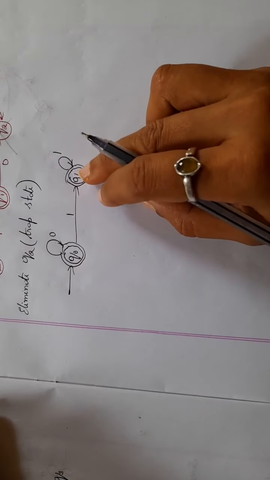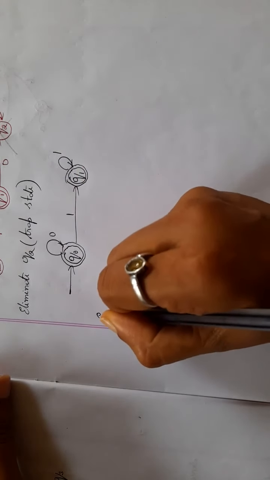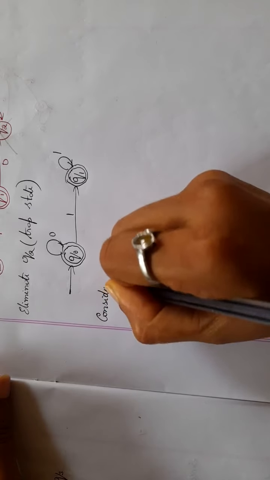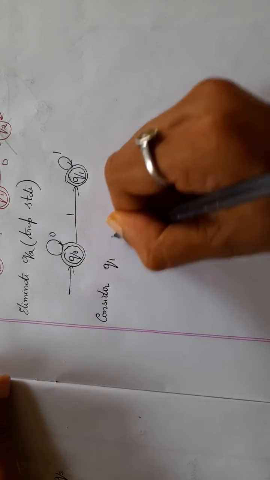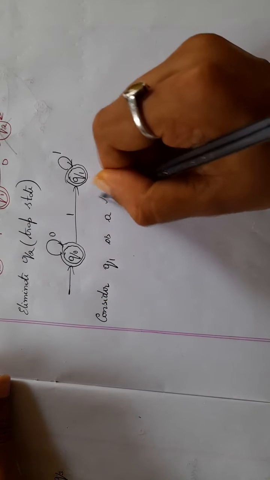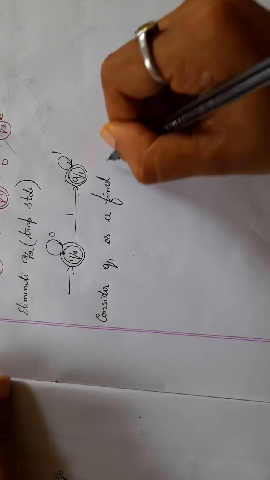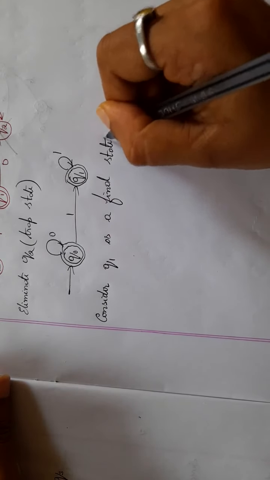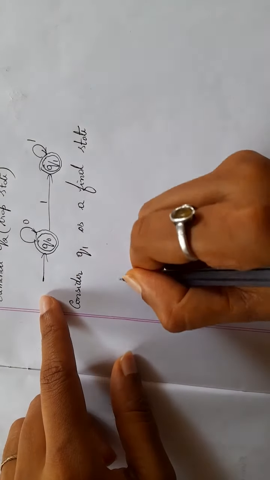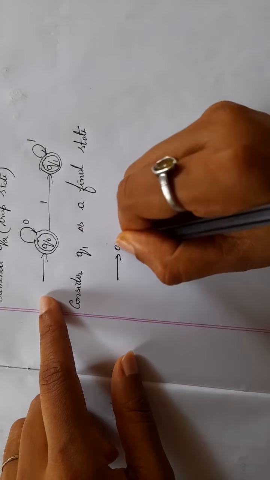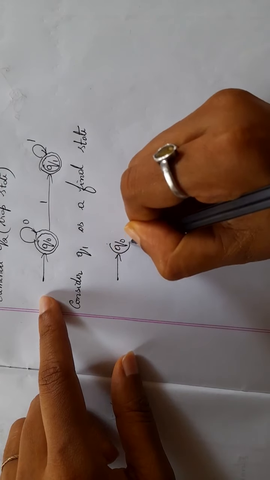Right now I will consider Q1 as a final state. So when I consider Q1 as a final state, Q0 will no longer be a final state.